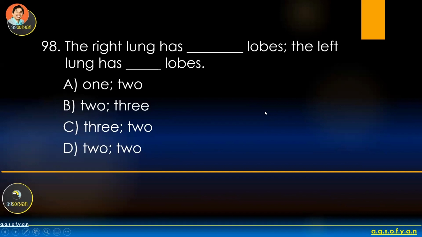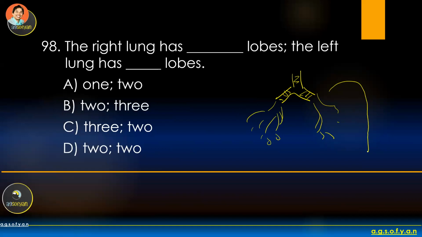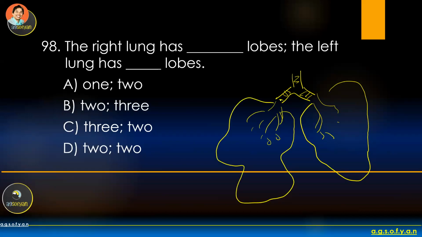The right lung has blank lobes. The left lung has blank lobes. The trachea divides into the bronchi, because there are two of them, and then become bronchioles, and then alveoli at the end. It is covered by a membrane that makes up the lungs. Now, the right lung has 3 lobes.